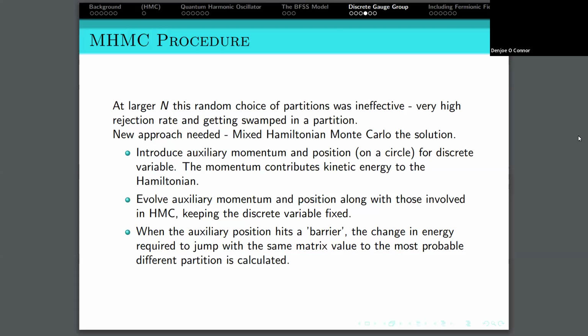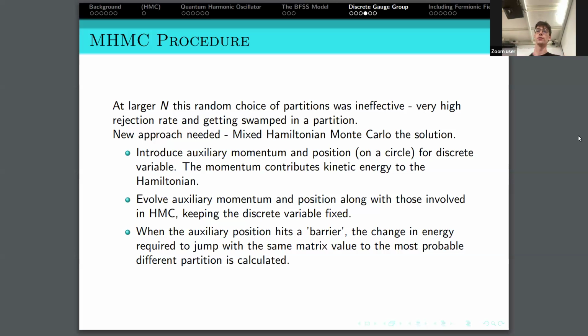In the same way that in general Hamiltonian Monte Carlo you insert this momentum variable to make up for any increases in probability that might need to be made to step between minima in the overall probability distribution, here in mixed Hamiltonian Monte Carlo, we introduce an auxiliary momentum and position for the discrete variable.